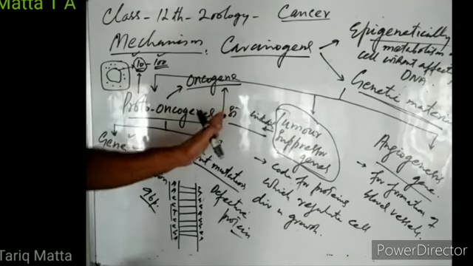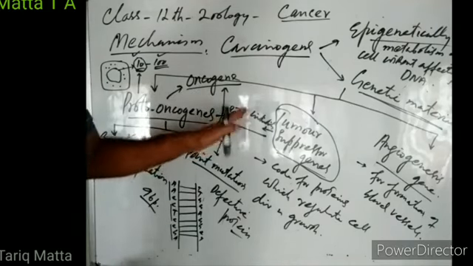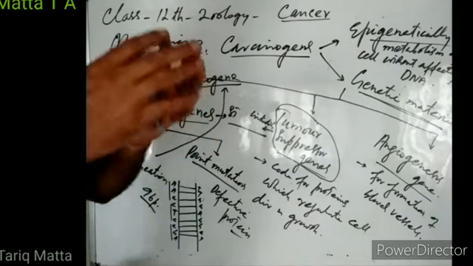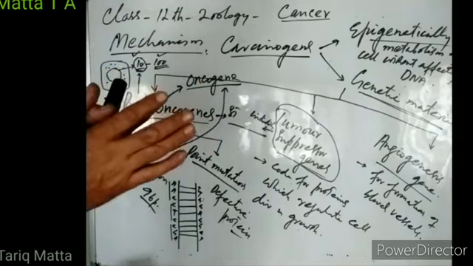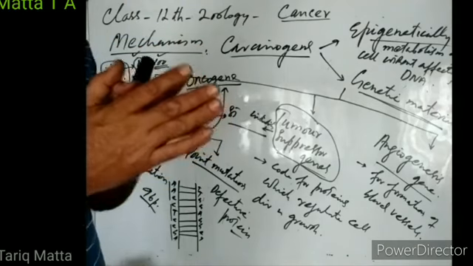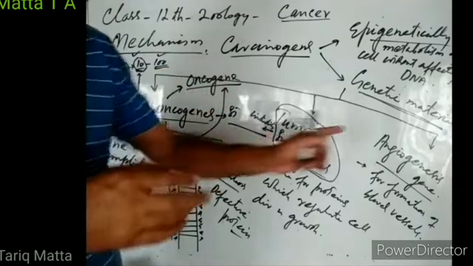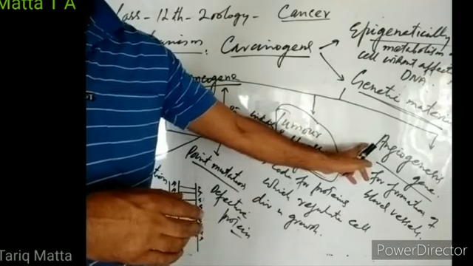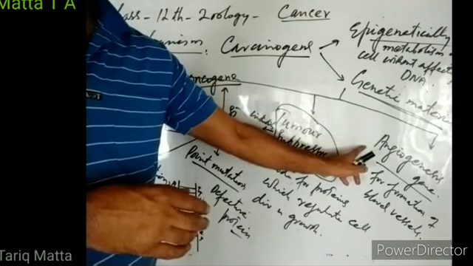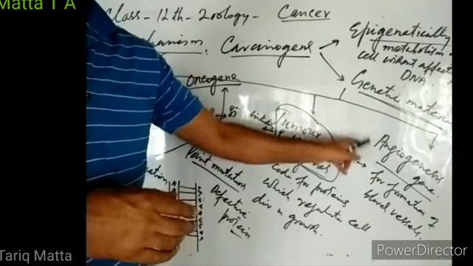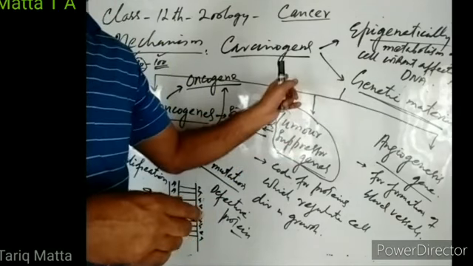Now, after escaping from those checks, the cell is dividing continuously. It is growing. It is producing a tumor. The tumor will not survive unless this gene is also mutated. When the angiogenesis gene is mutated, it leads to formation of blood vessels in that tumor.